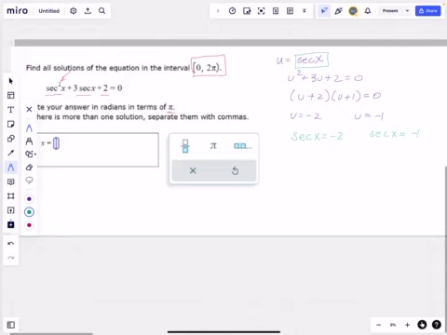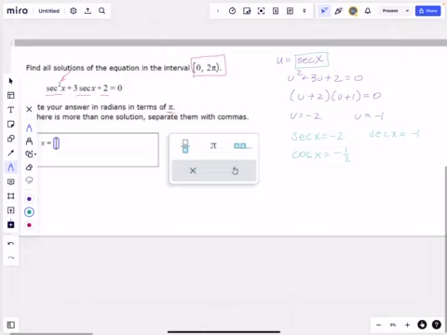So I can flip both sides of the equation upside down. I know that the secant of x is the same as 1 over the cosine of x. So when I flip it upside down, that becomes cosine of x, and I would flip this -2 upside down and get -1/2.